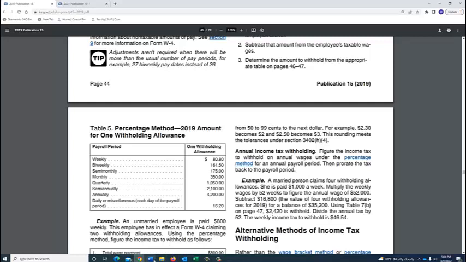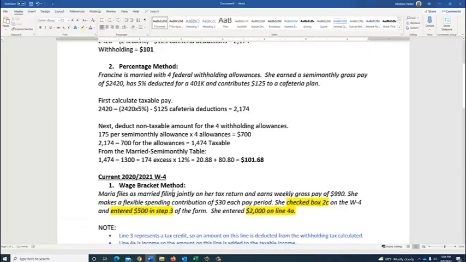So we are going to deduct 4 times 175 to get down to her taxable pay for the percentage method. So that will be $700. So we'll subtract that $700 from her taxable pay, which brings it down to $1,474. Now we're going to take this figure over to the married and semi-monthly percentage table.